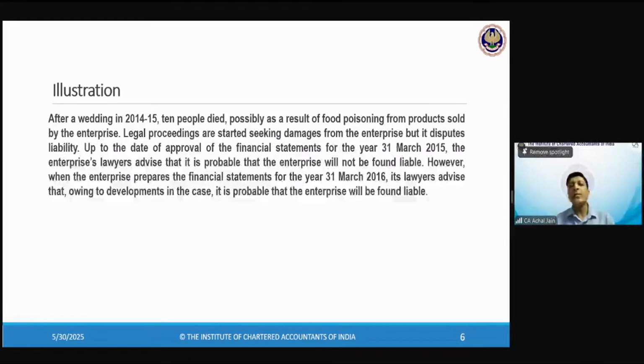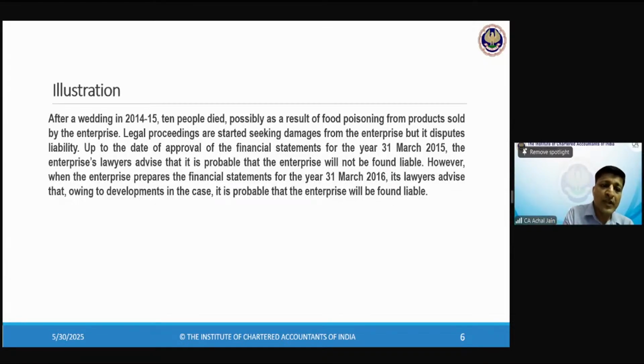Up to the date of approval of the financial statements for the year ended 31st March 15, the entity's lawyers advise that it is probable that the entity will not be found liable. However, when the entity prepares the financial statements for the year ending March 16, its lawyers advise that owing to the developments in the case, it is probable that the entity will be found liable.